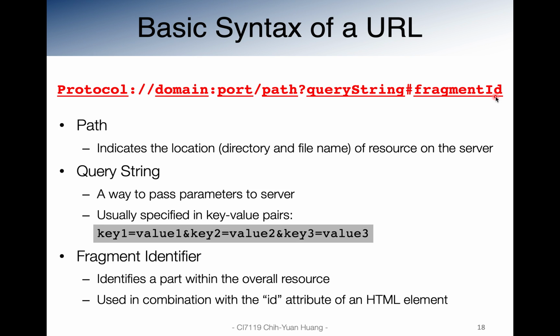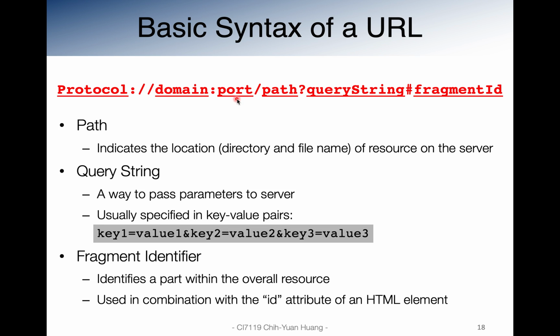And the other thing, which I probably didn't mention clearly, is about the port. When you are browsing the web, usually you will notice that there is no port specified in the web address. However, like I mentioned earlier, the default port for HTTP is port 80.